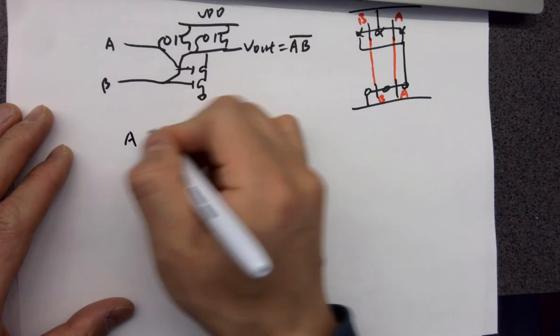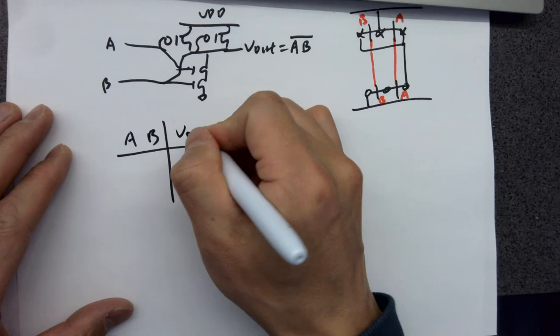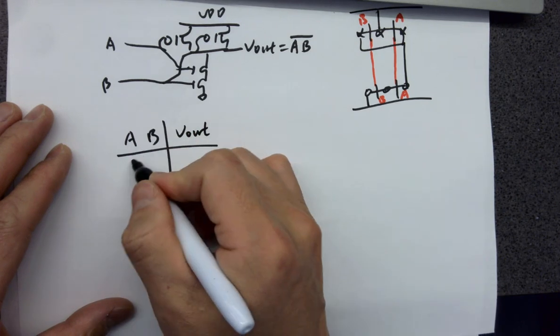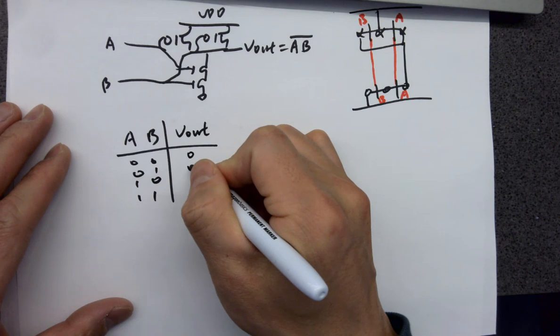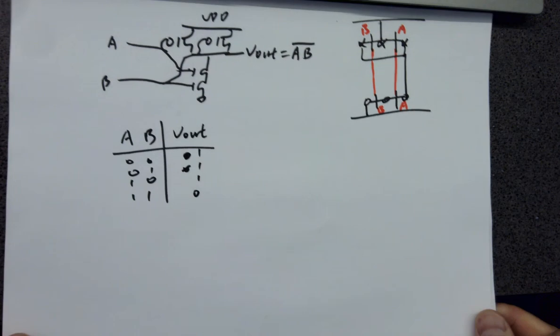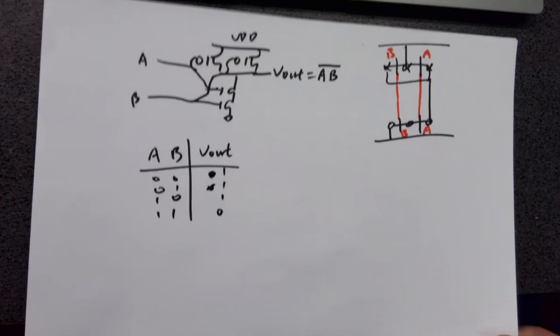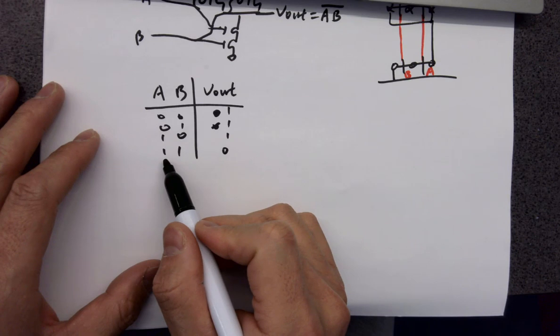And if we look at the truth table, the output is 0001 1011. Right, it is one all the time, except when these two inputs are both ones.